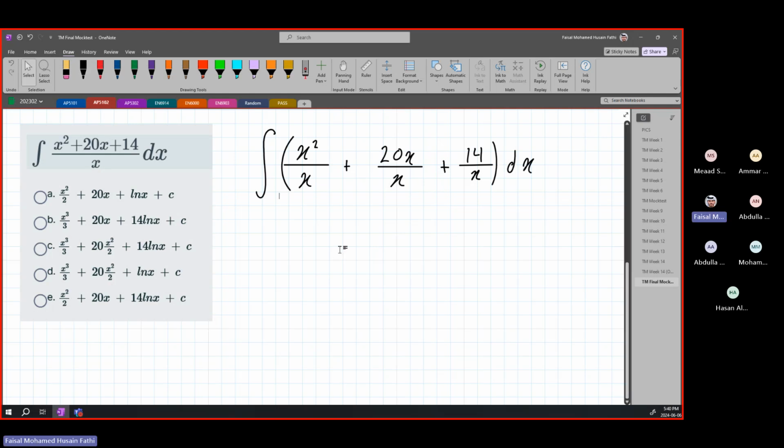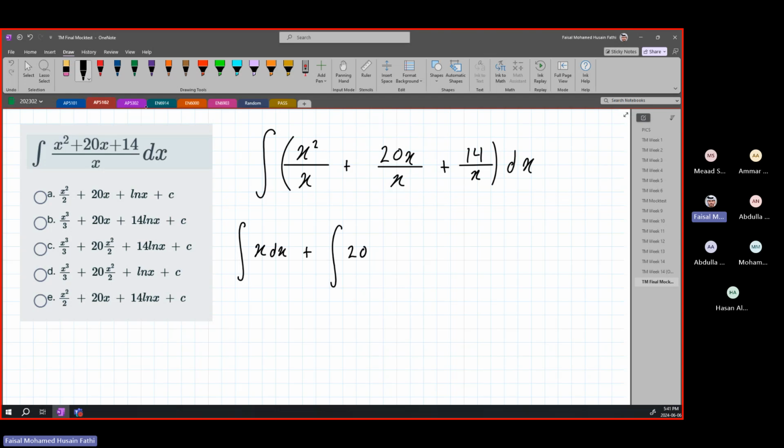If it makes it simpler for you, I'm only going to do this one time: you can do the integration of each one by itself, writing it separately so you don't get confused. X squared over x is just x. Then plus 20, which we can take outside or not, because you're going to have 20 dx inside.